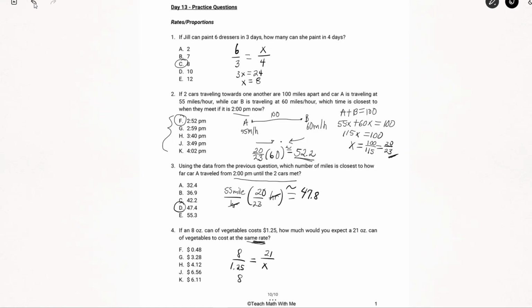We cross multiply and get 8x equals 21 times 1.25, which is 26.25. To solve for x, we divide through by 8, and we get $3.28, which is answer choice G.